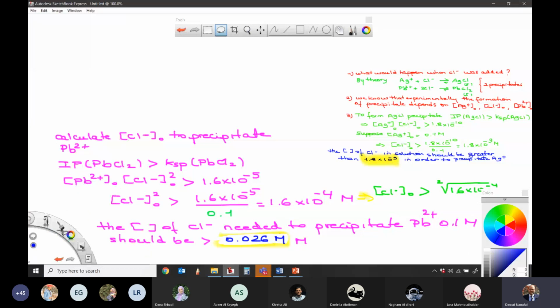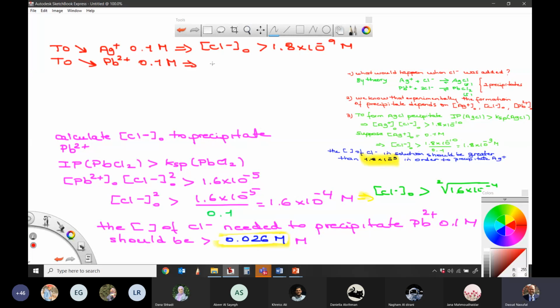As a conclusion, to precipitate Ag+ 0.1 molar implies Cl- initial in the solution should be greater than 1.8 10 minus 9 molar. To precipitate Pb2+ in the solution 0.1 molar, you need at least Cl- initial greater than 0.026 molar.